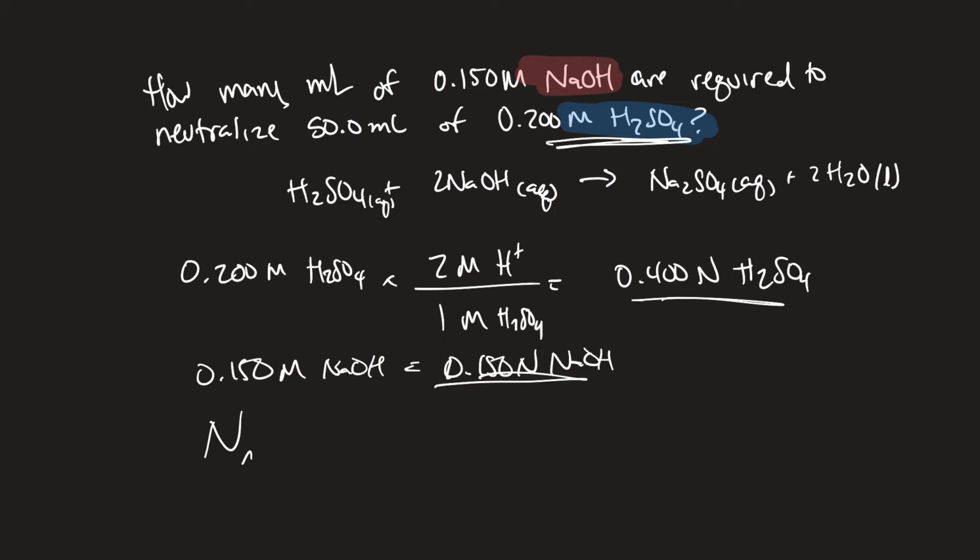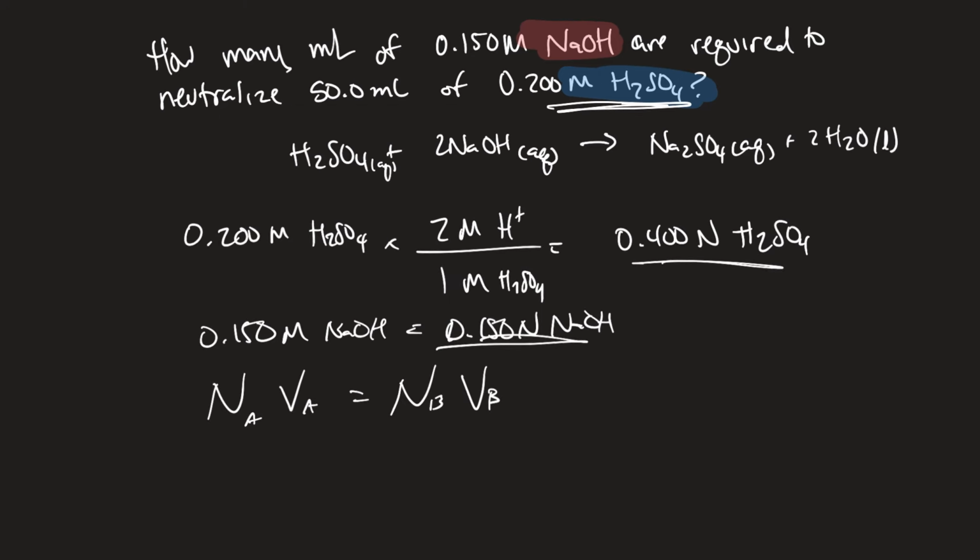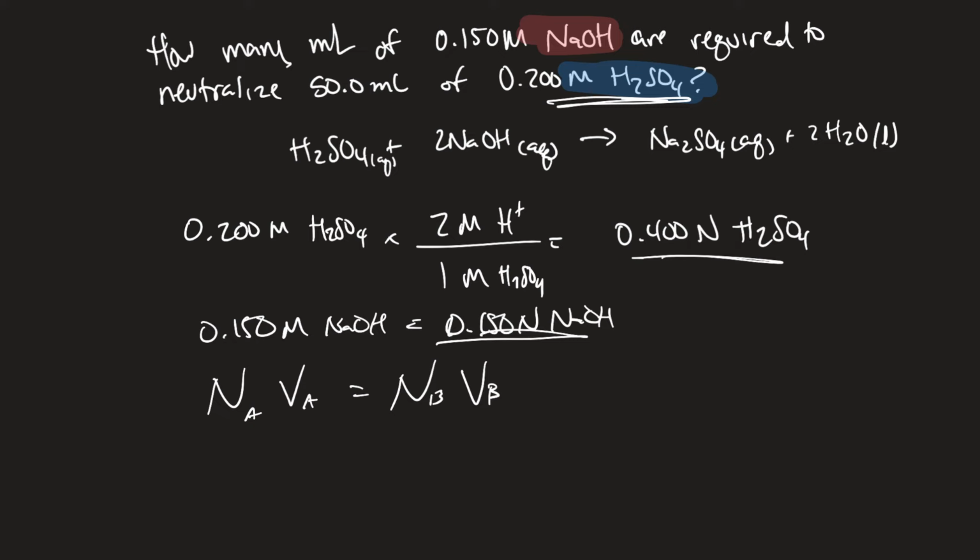Remember, the normality of the acid times the volume of the acid is equal to the normality of the base times the volume of the base. Let's look at what we know. We're trying to find how many milliliters of the base, so we're looking for VB. We can rearrange this equation to solve for VB. So VB is equal to NA VA over NB.